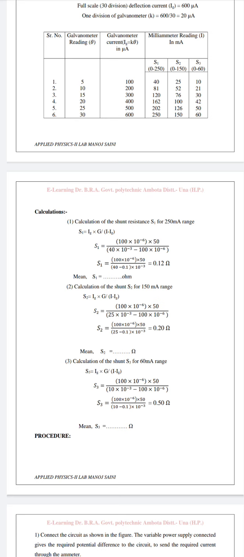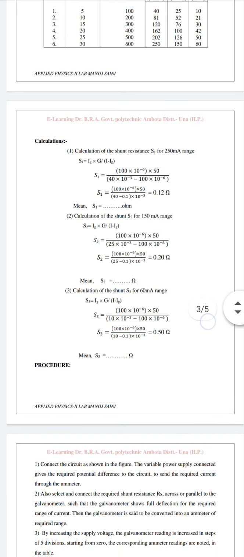When we calculate this, it comes out to be 0.50 ohm. When we want to calculate the second value of S3, we go with Ig equal to 200, then 21, 300, 30, and at the last, the sixth value, 600 into 60.